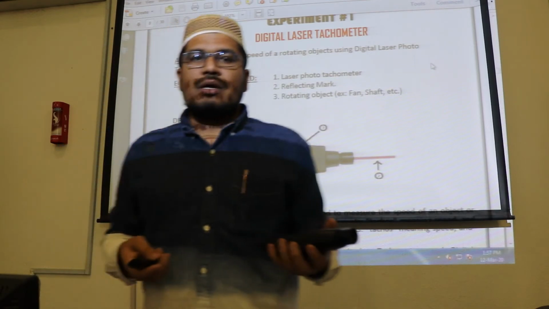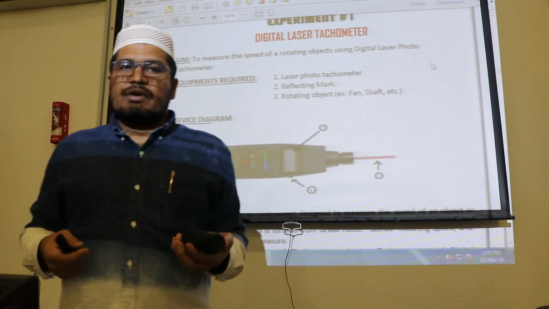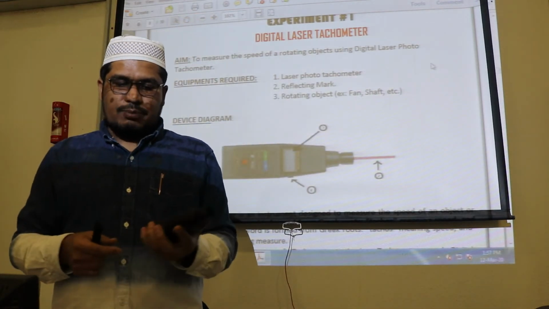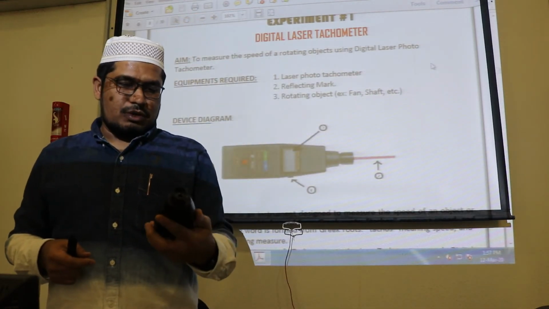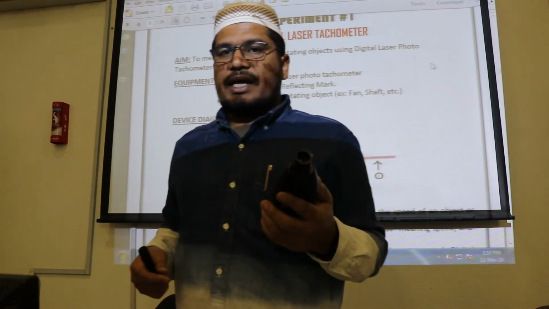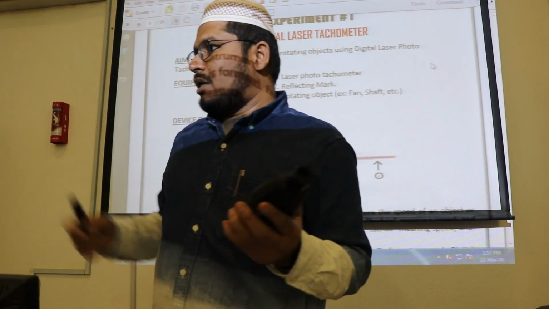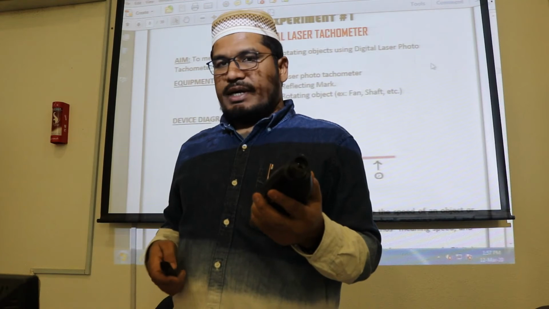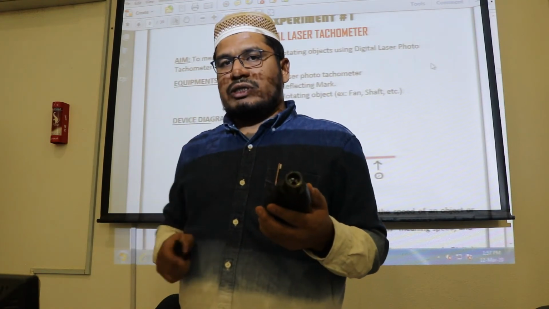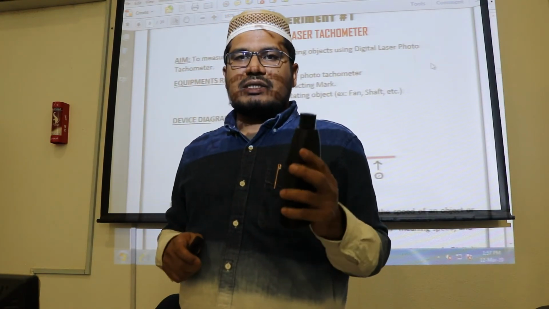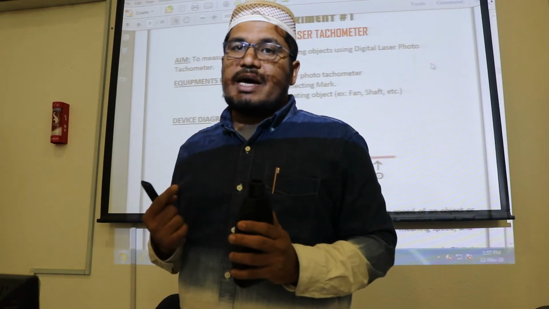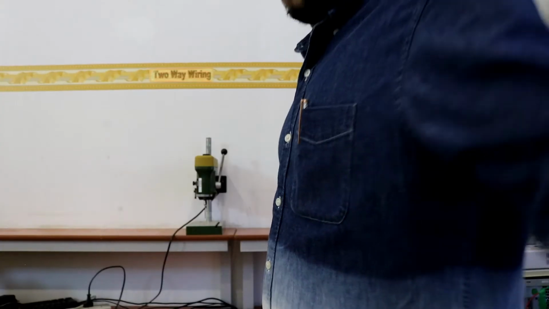This equation you can submit in your assignment that I will upload in the blackboard. Don't worry. Now, how to take the reading? Just I will rotate this camera for the practical purposes. The precaution for this is that the laser beam should not hit our eyes. So be careful about that.